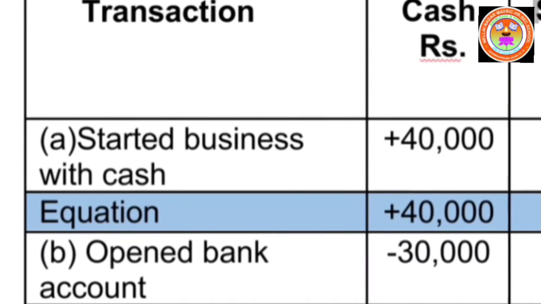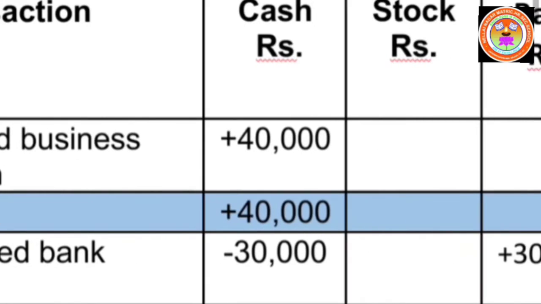Then in the second line, write the equation; allot one row for the equation. Here you will do the calculations of the transactions. 40,000 is in the cash column. The same 40,000 should be written in the equation also.